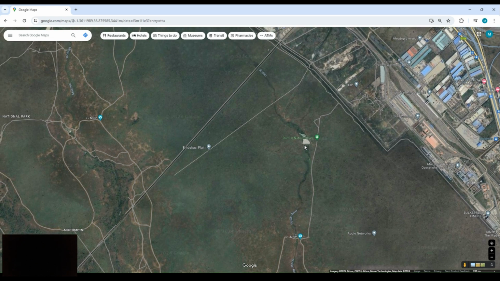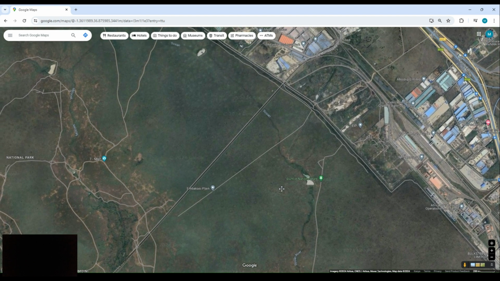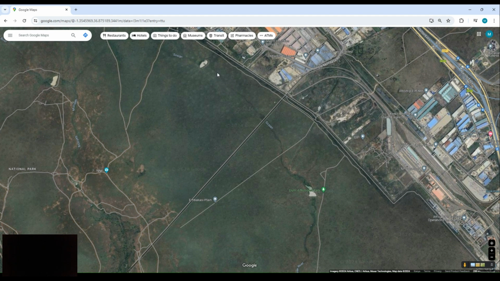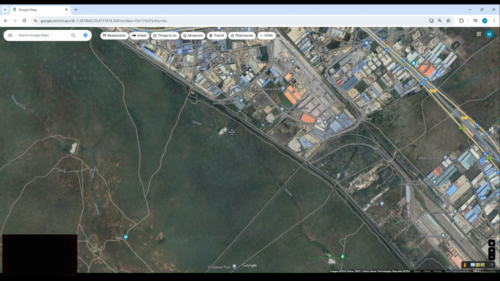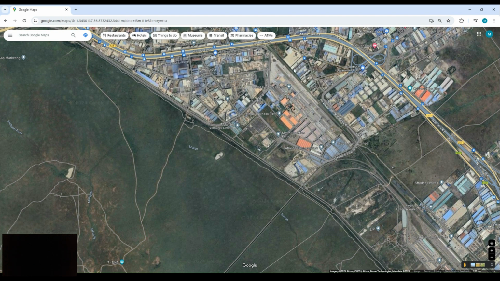the dam in the national park, or rather domiciled around the Embakasi Plains, and it seems like it takes an upward trajectory here, and somewhere around here we lose the dam, and so clearly it would mean that this area is where maybe the passage of this dam is, right?